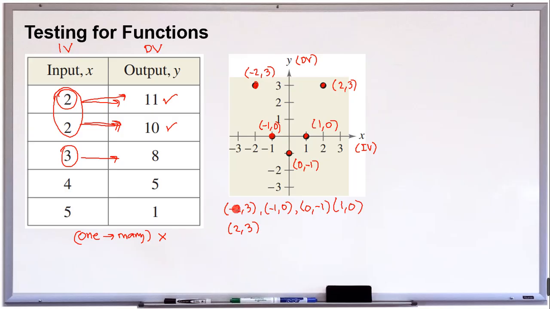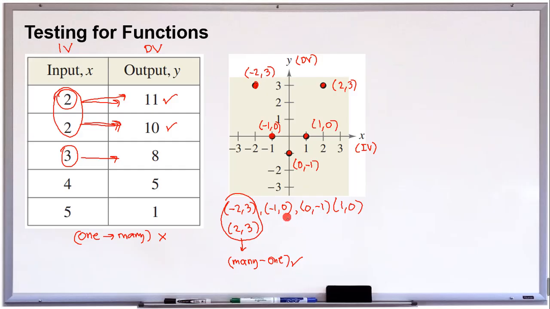The first one is we have negative 2, 3 and 2, 3. This is an example of a many to one relation, which is a function.